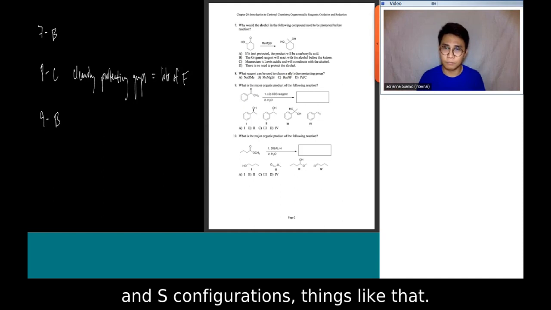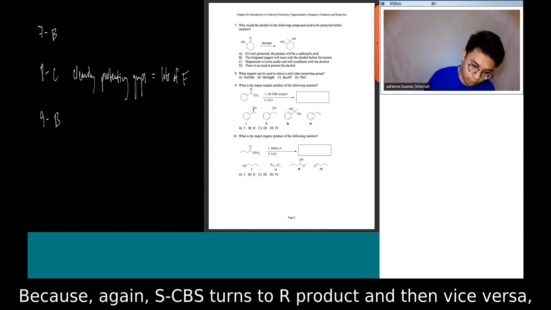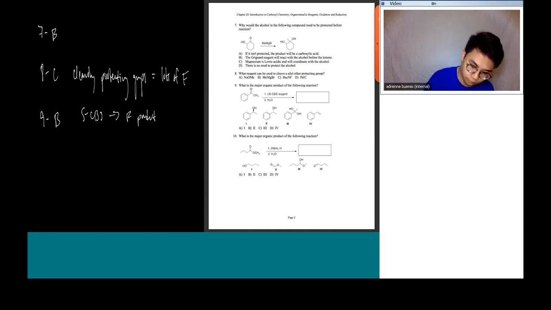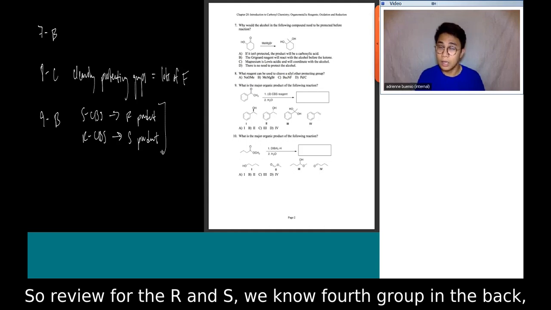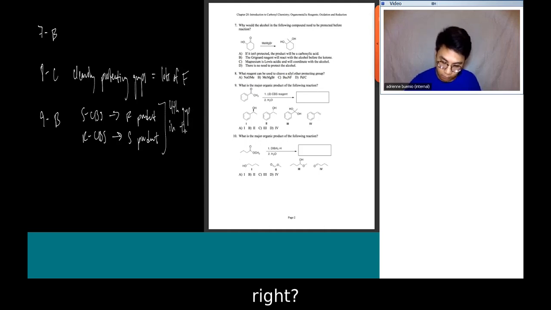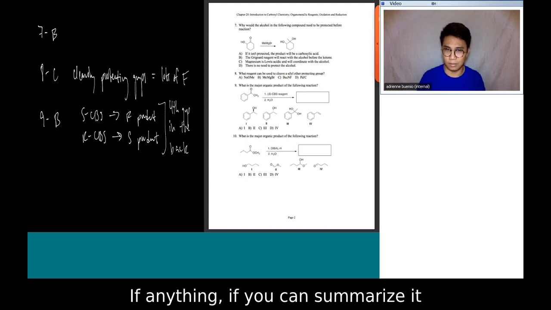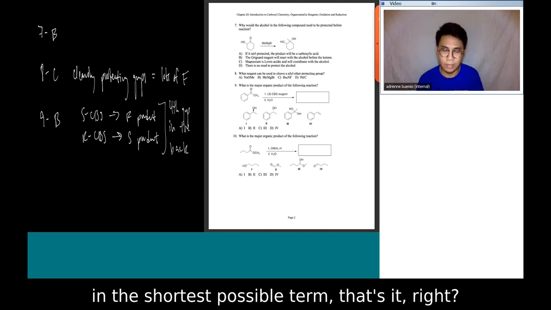Because again, S turns to R product and then vice versa, right? So review for the R and S. We know fourth group in the back, right? If you can summarize it in the shortest possible terms, that's it, right?